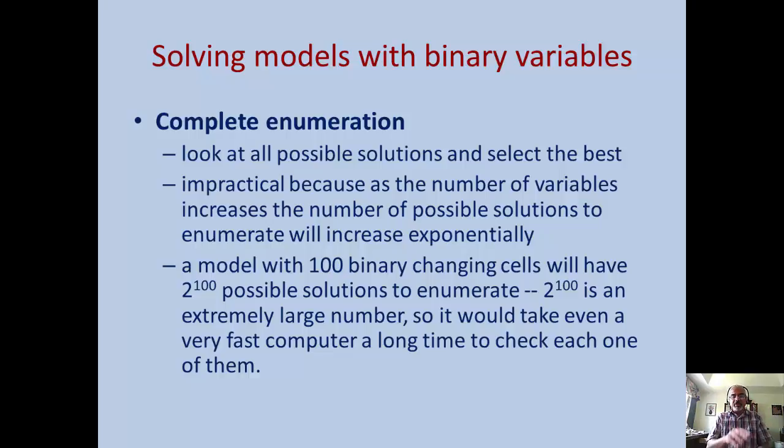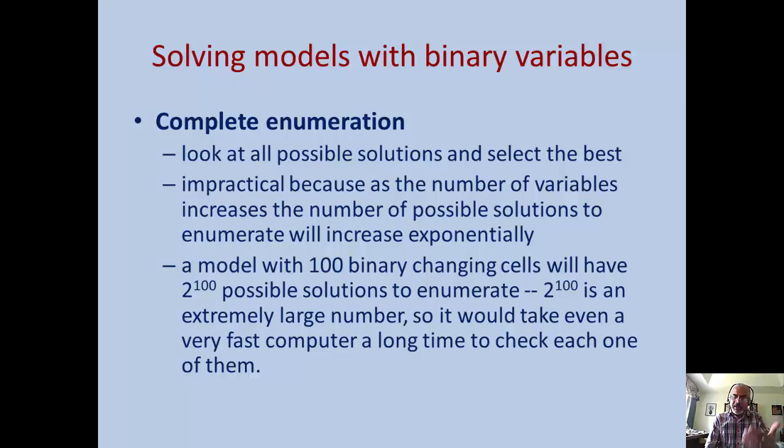But if the problem is large, for example, say there are 100 binary changing cells, which in practical terms is not that uncommon, companies regularly face problems with 100 or more binary variables. In that case, if you do a complete enumeration, there are 2 to the power of 100 possible solutions to enumerate, an extremely large number, and even a very fast computer will take an enormous amount of time, days or even weeks, to solve the problem, and that is not practical.